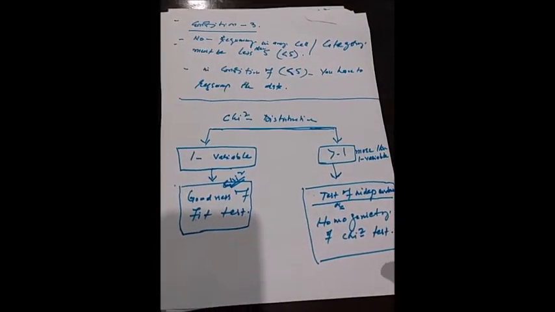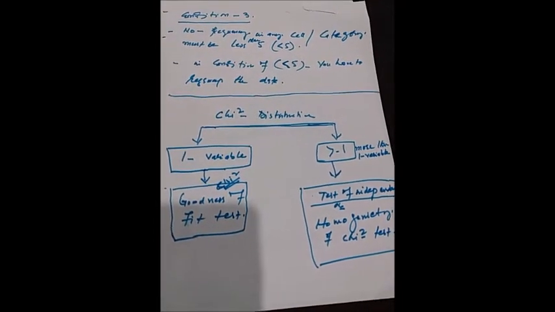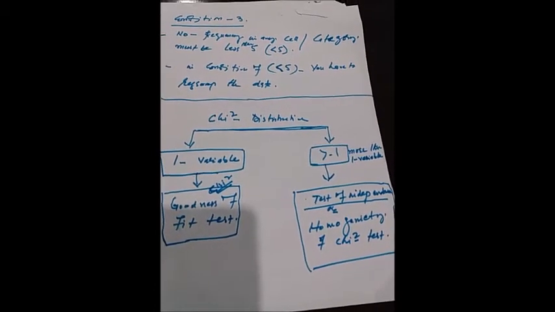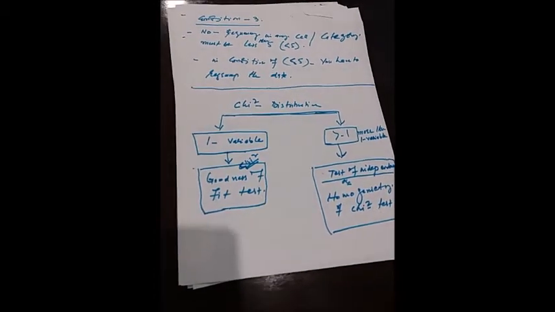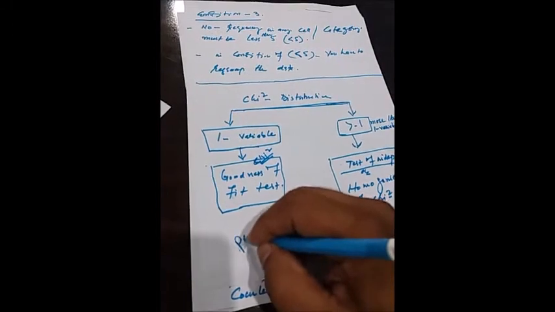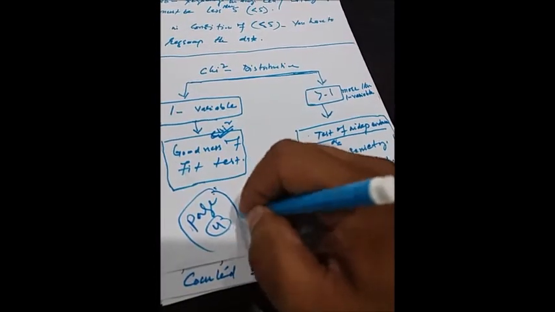And on the fourth page, we discussed the chi-square distribution and the chi-square test, how it can be used if the data depends upon a single variable, or upon multiple variables or more than one variable.